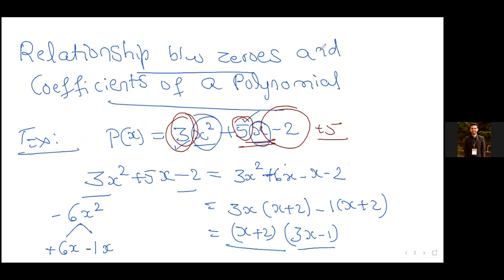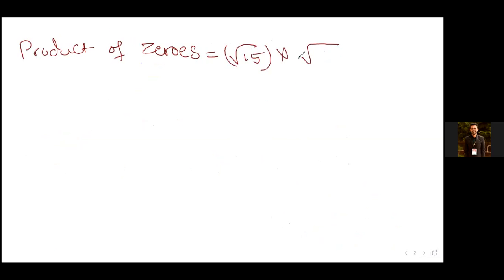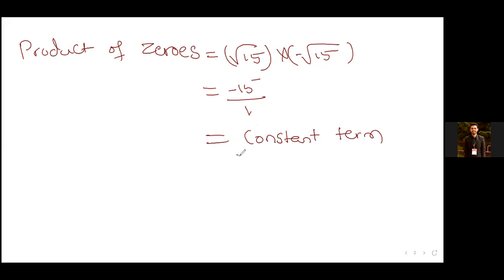Also, the product of zeros is square root of 15 into minus square root of 15. There you get minus 15 upon 1, which is nothing but the constant term, divided by coefficient of t square.